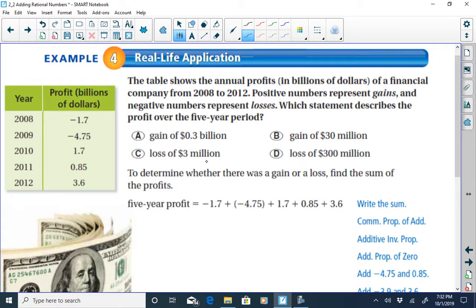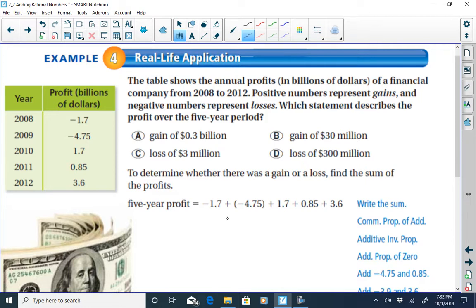If I want to know which one of these answers is correct, first we have to determine whether there was a gain or a loss, and then to find the sum of the profits. So we do that by adding all of the integers together. And if we get a positive integer, we had a gain. If we have a negative integer, it would be a loss. All right? So we start by adding all of our values together.